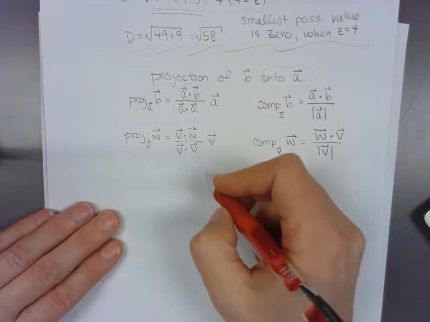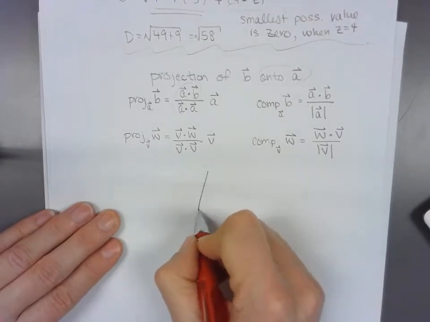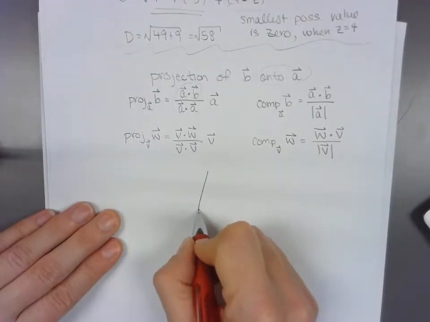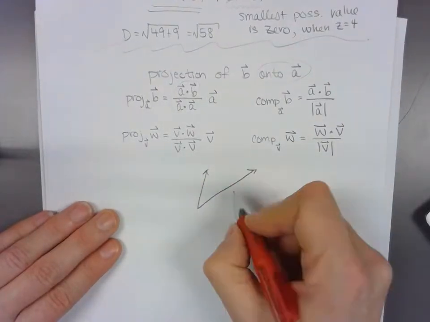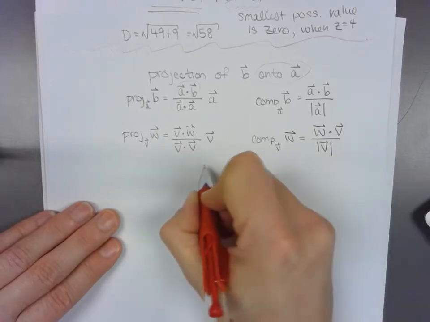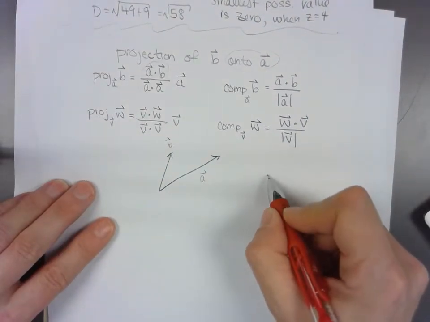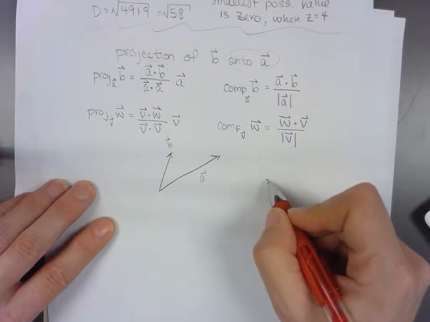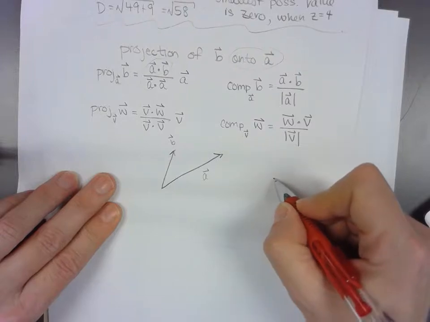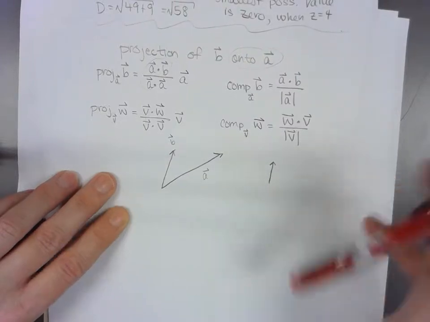Say I don't give you numbers. I just give you a picture, like, this is A, this is B. I'll do 3 different pictures.